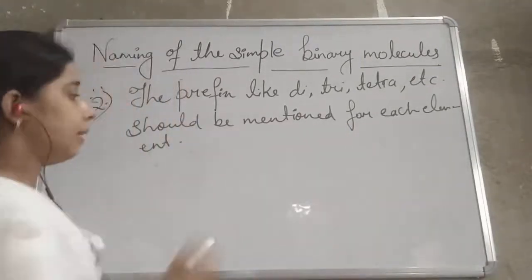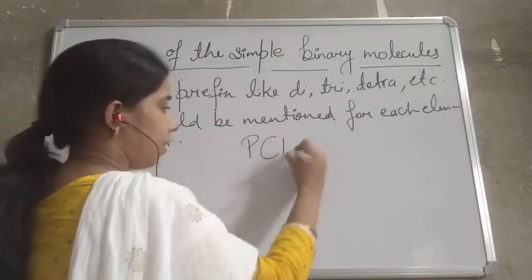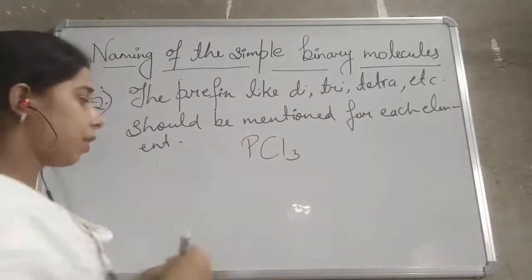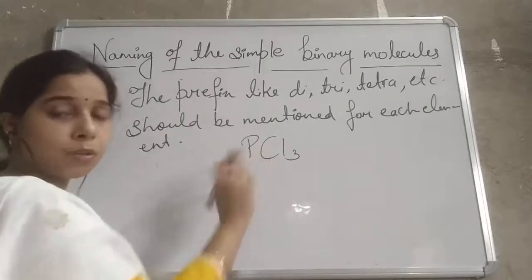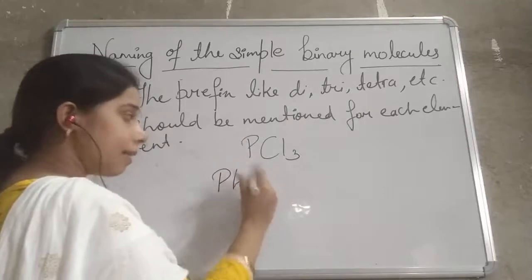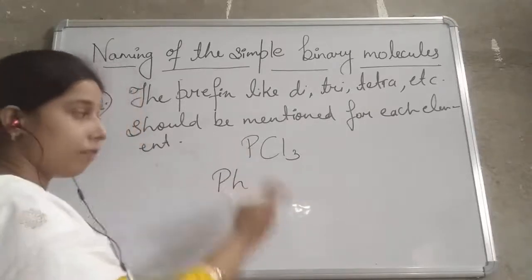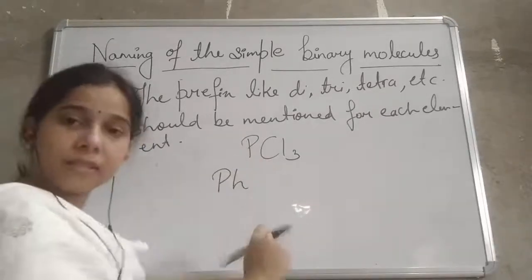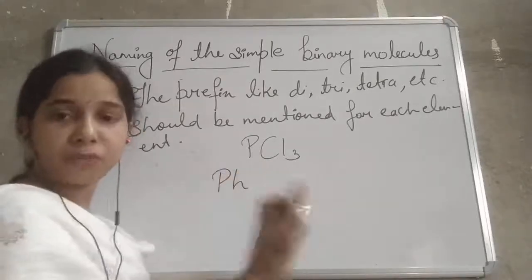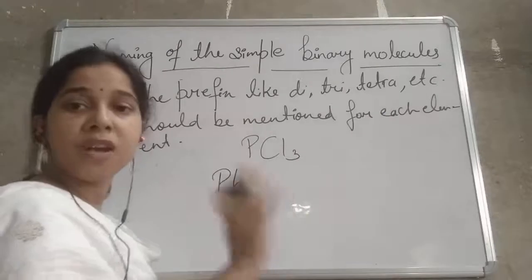if PCl3 is there, PCl3. So you see student, this is a phosphorus. Okay, so only one phosphorus is there, so no need to write monophosphorus. We will simply write the name here, and since it is less electronegative, or we can say that this is the first element, so we will write the name of this particular element as such without doing any kind of change in it.